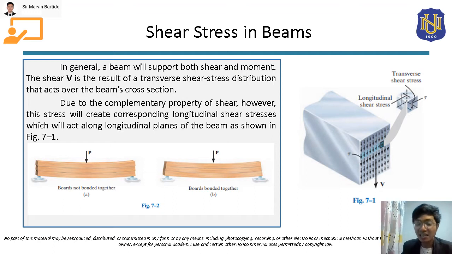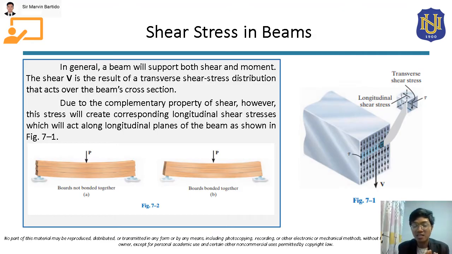And class, dito na-prevent yung sliding doon sa pagitan ng mga boards natin. And yung nag-prevent doon, class, is yung longitudinal shear stress. Okay, yun yung stress, class, na nag-a-act sa pagitan ng mga board natin. Ito yung longitudinal shear stress na to. So, yun yung nag-prevent, class, kaya hindi na sila nag-slide one another.